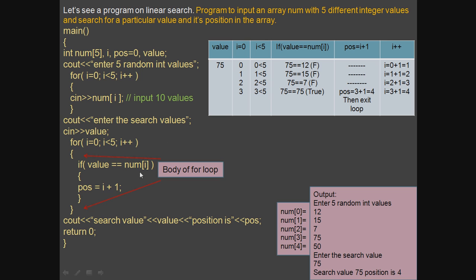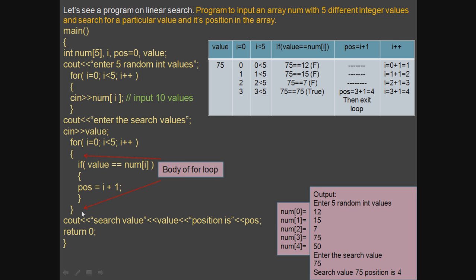What is num[0] here? Num[0] is 12, right? You have entered the search value of 75, so 75 will be compared with 12. Is it equal? No, since this is a relational operator, it is false. So when it is false, the body of this if block does not execute. That's why here it is written blank.